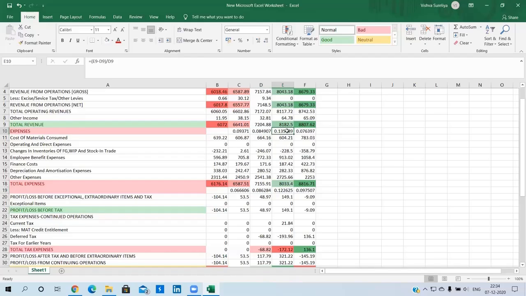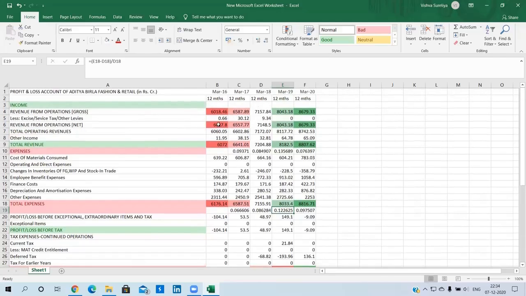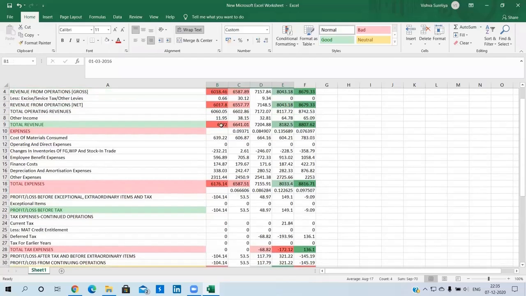For March 19, comparing the data from March 18 to March 19, the growth is 0.135 and their expenses growth is around 0.12. So you can see here that from March 16 till March 19, the revenue growth is more cumulatively compared to total expenses.